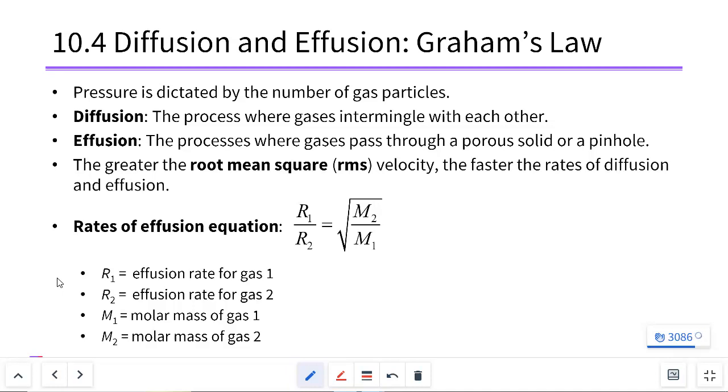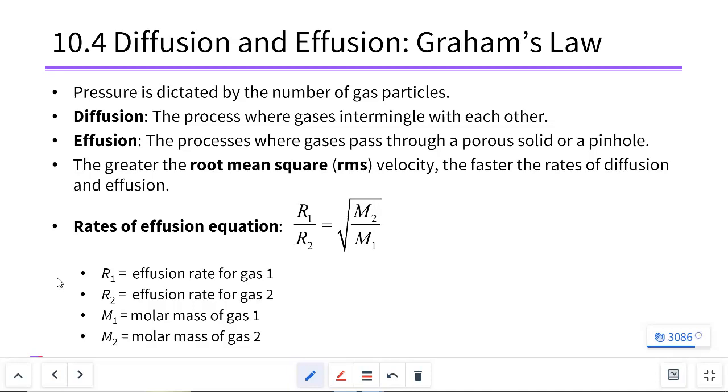And so we were able to make some very broad, generic statements related to those two ideas. Heavy gases move slow, light gases move quickly. Well, Graham's law here takes that idea and allows us to compare gases directly.